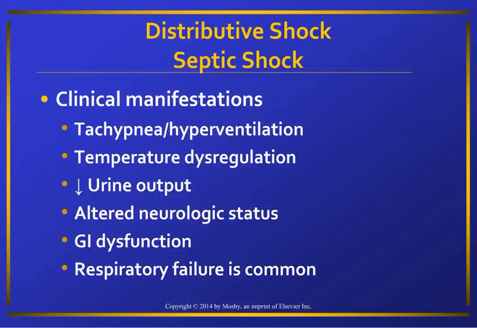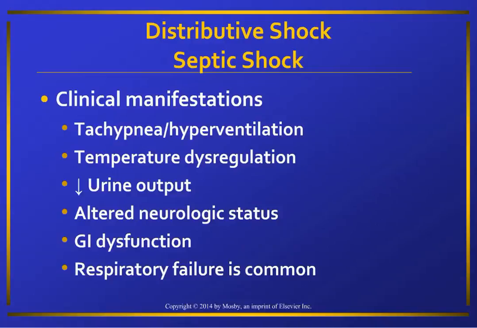Other clinical manifestations include tachypnea and hyperventilation, temperature dysregulation, decreased urine output, altered neurologic status, GI dysfunction, and respiratory failure. The patient will initially hyperventilate as a compensatory mechanism, resulting in respiratory alkalosis. Once the patient can no longer compensate, respiratory acidosis will develop.